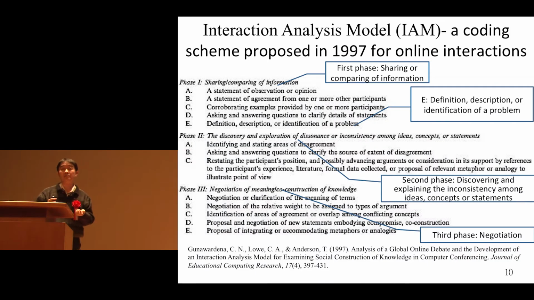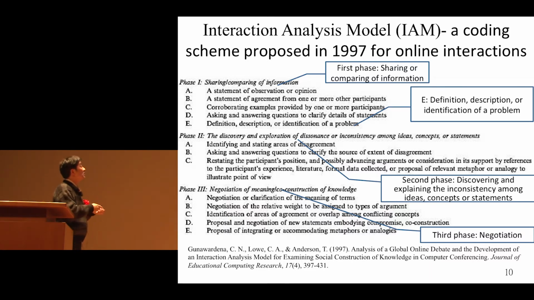In the following, I would like to introduce a frequently adopted coding scheme called the IAM, Interaction Analysis Model. It was proposed in 1997. This coding scheme consists of 5 phases to describe what happened during the students' interaction in maybe an online discussion forum or in a MOOC system.